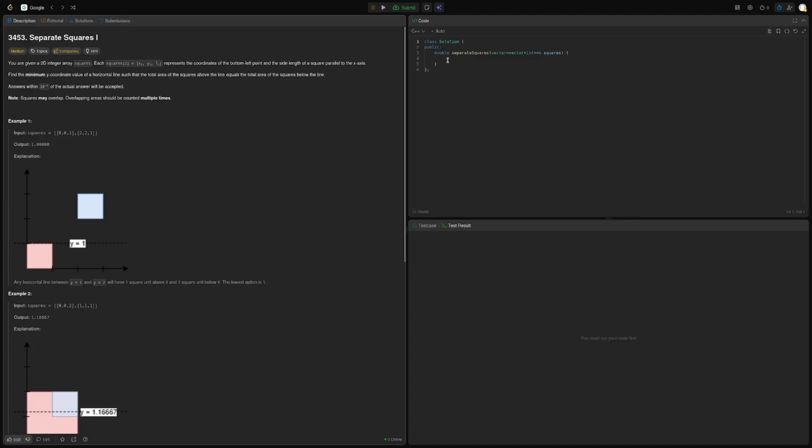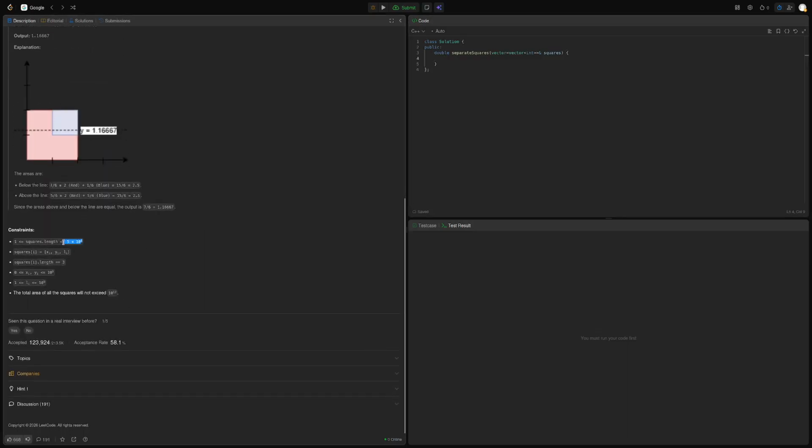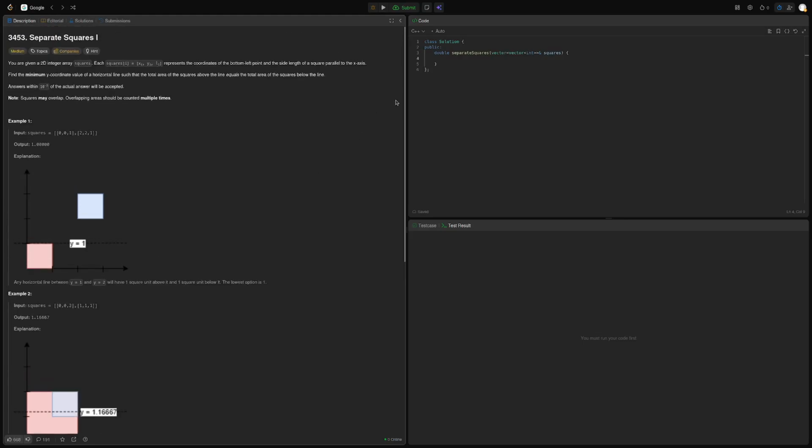Okay, so that's easy. We just binary search. Now we have to be a little careful. Double R is 0, L is 1 in 9, right?